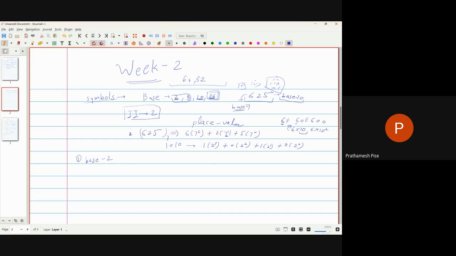You have to use this thing that I have done here. Basically from the right hand, you will start with 2 raised to the power of 0 and just increase the exponent, 2 square, cube, multiply these two numbers and add it, and you will get the decimal.